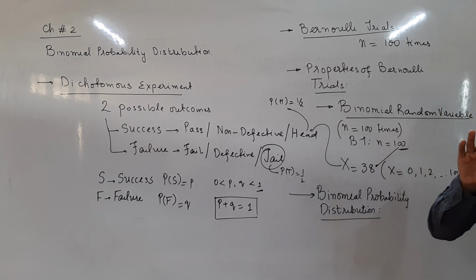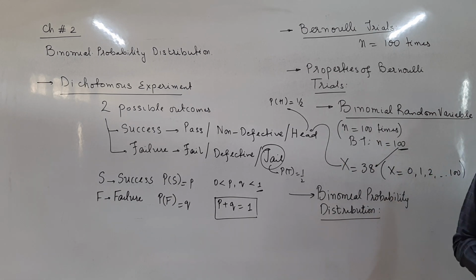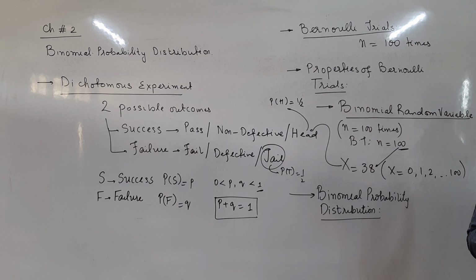The total probability 1 is distributed between the different possible values of x. So, in short, the probability distribution of binomial random variable x is called binomial probability distribution.